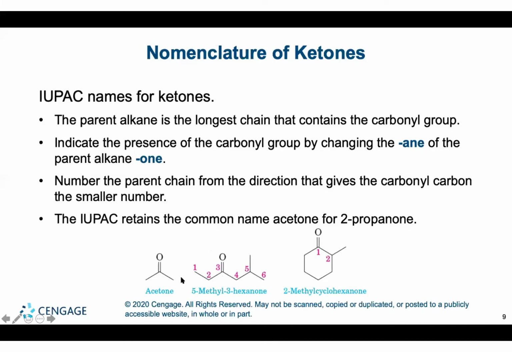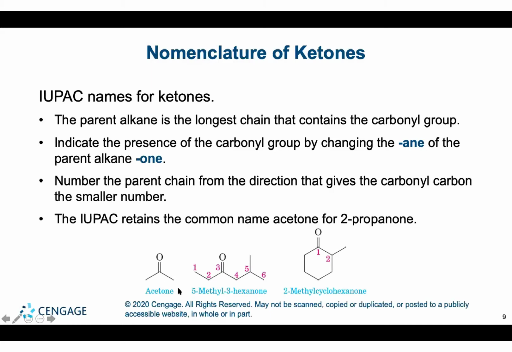So we should emphasize the carbon that has the carbonyl in it, the same as with alcohols, or even when we talked about amines, we emphasized the carbon that has an amine on it, right? It is the same.